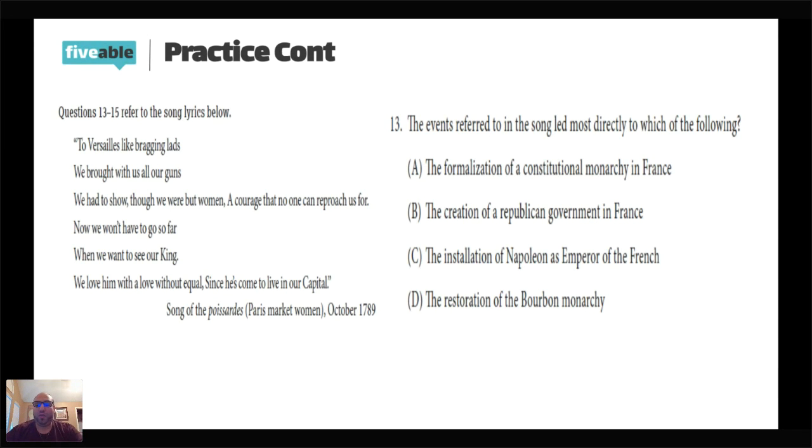So again, this is not a hard and fast rule, so I'm not giving you any kind of insider secrets here. If you were to write in your entire DBQ or LEQ that Louis XV made Versailles, I don't know if we could overlook that, okay? Because it does change the time period of your writing.